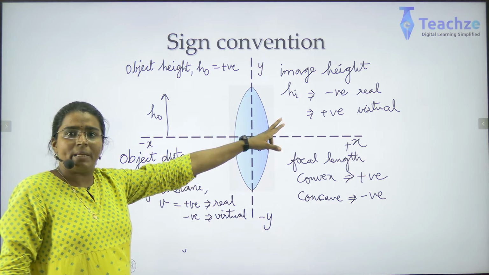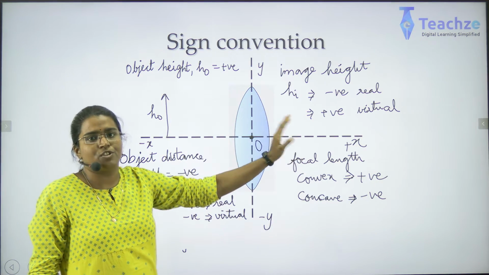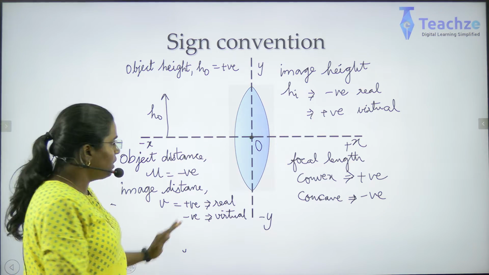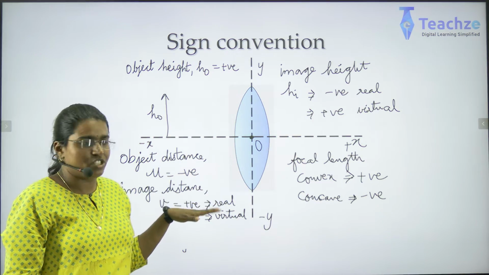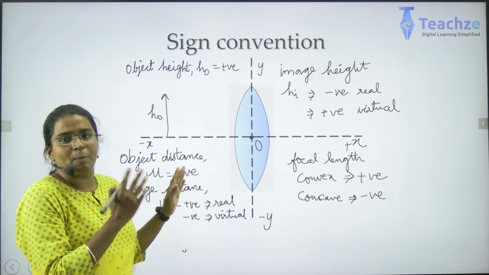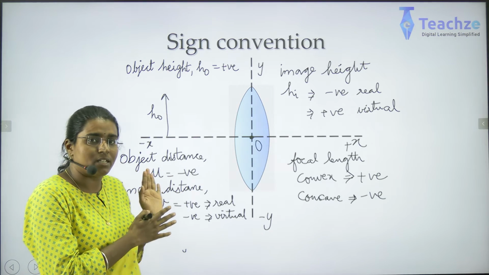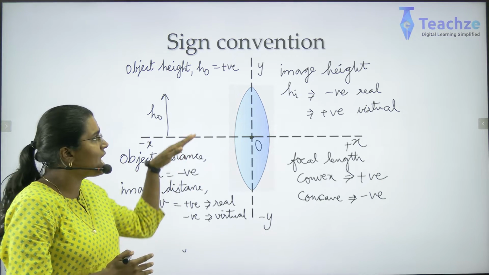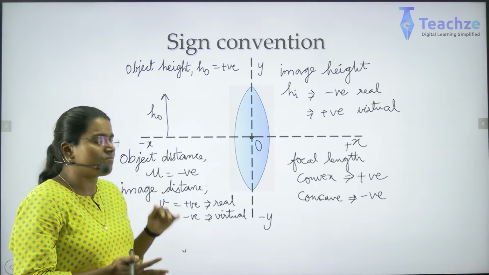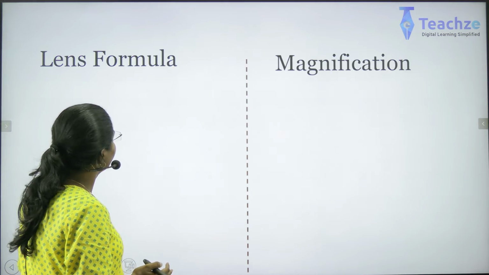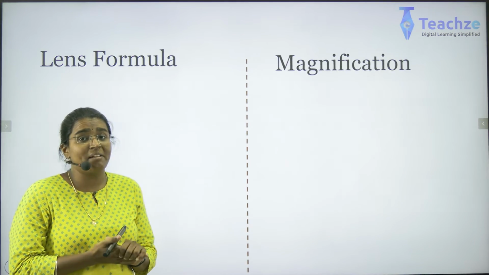Hope you're clear with this sign convention. We've seen the same thing in spherical mirrors as well. There should be no confusion between the sign convention of spherical mirrors and that of spherical lenses. Very easy. Now, lens formula and magnification.